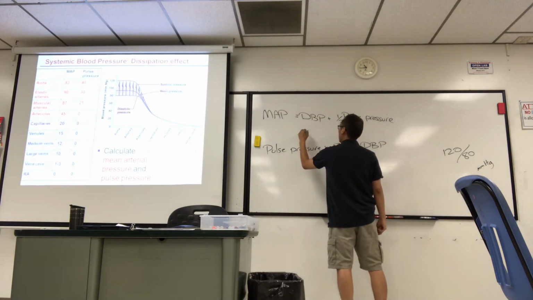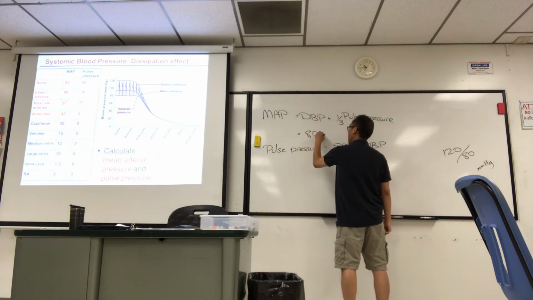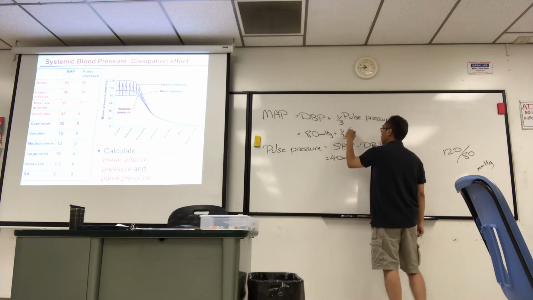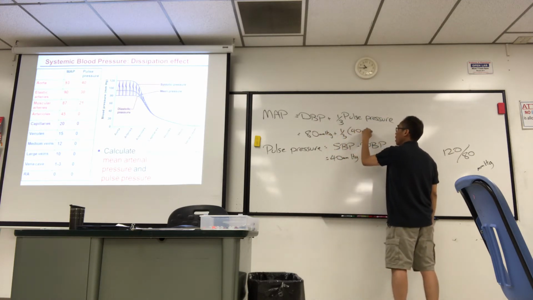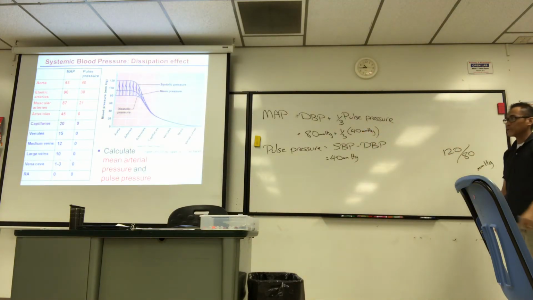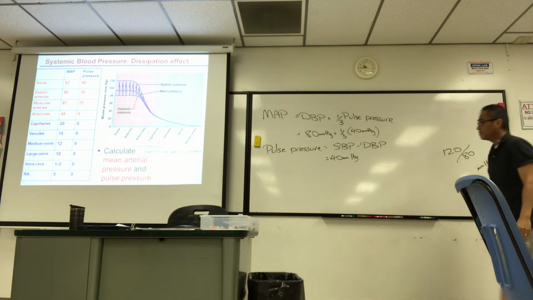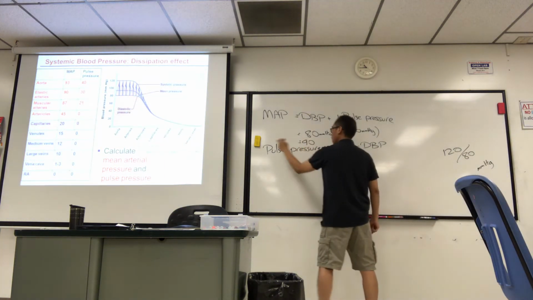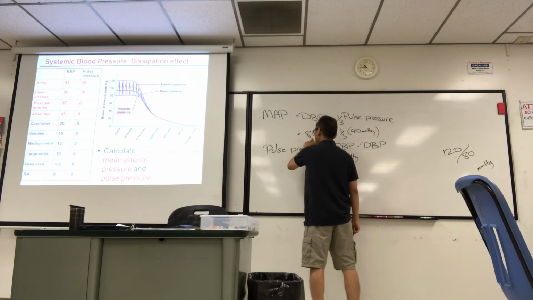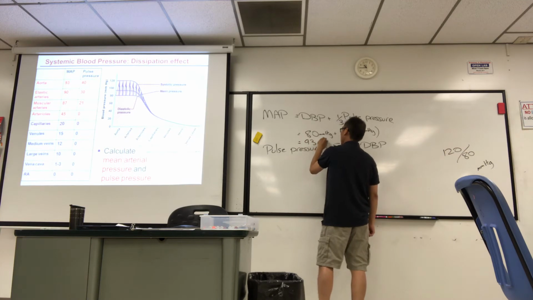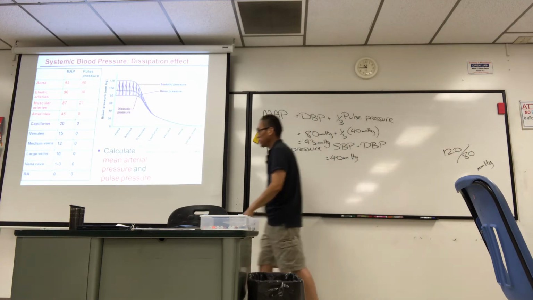It's the diastolic, which is 80, plus 1/3 of 40. You can solve that. It's going to come out close to 93. So if you want to express it as one number, about 93 millimeters of mercury. Depending on the numbers I give you, but now you know how to calculate.